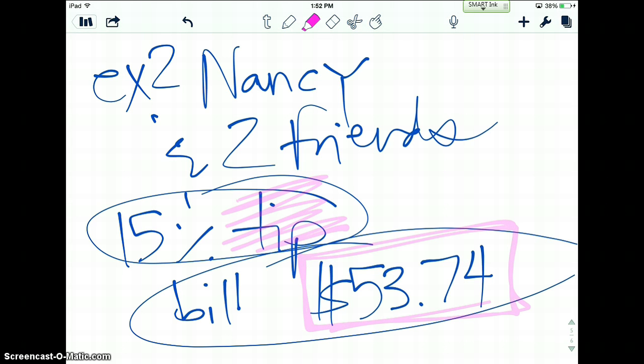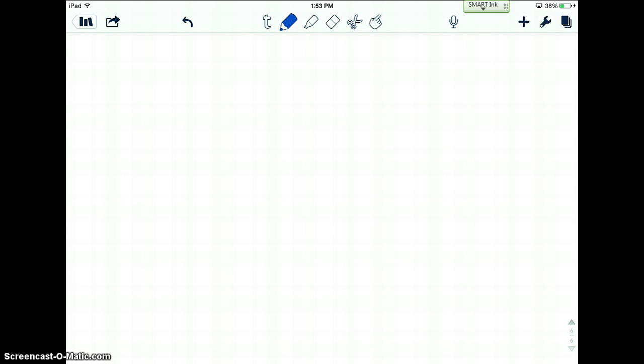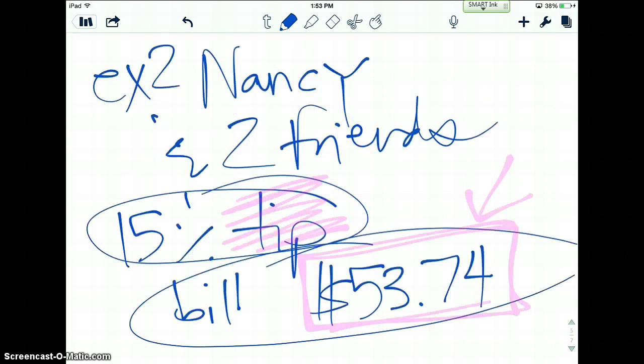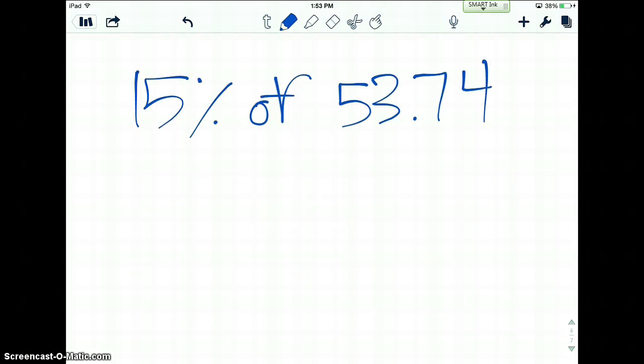So you don't do it on the actual total. You do it on the subtotal. So this was the subtotal without tax. So I'm going to find 15% of $53.74. That's how much these girls are going to pay for a tip.